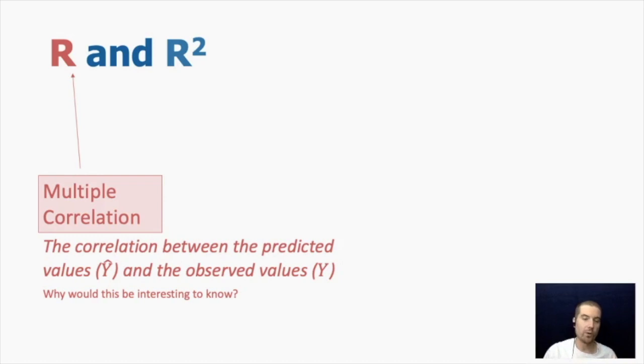We have multiple correlation, which is just capital R, which is essentially the correlation between the predicted values and the observed values. So the better our model is, the more that we can explain about our outcome, the closer our predicted values will be to the observed values. That means if R is big, if it's higher, our model is stronger.